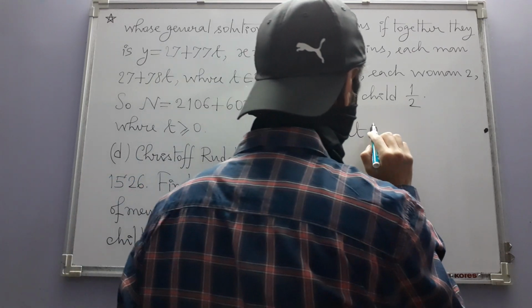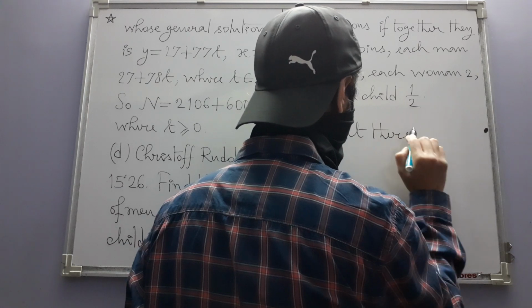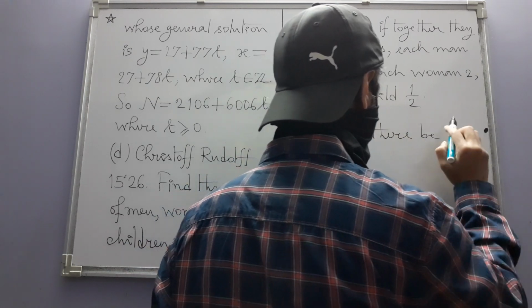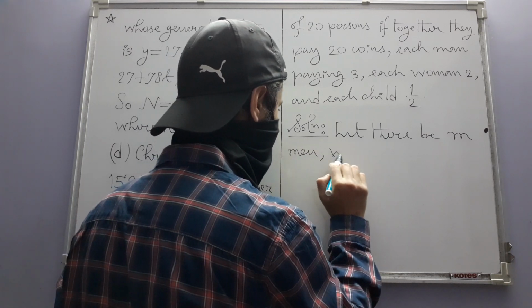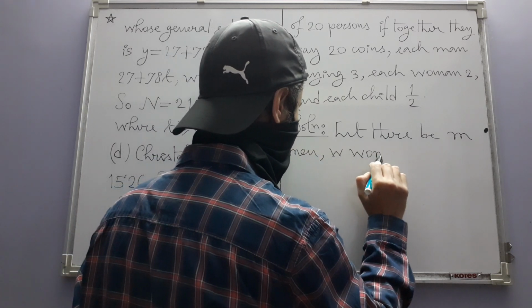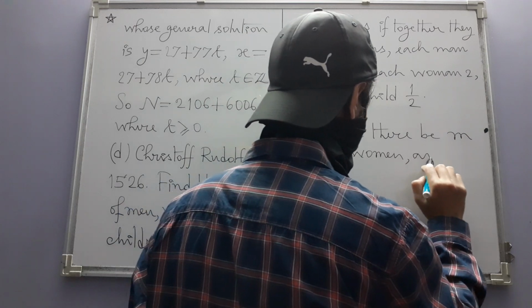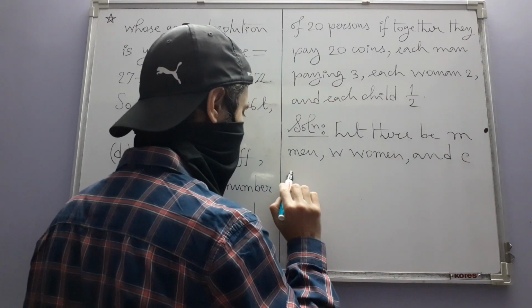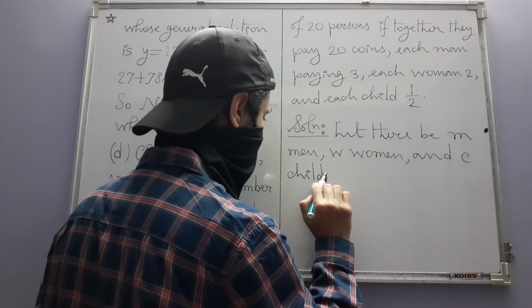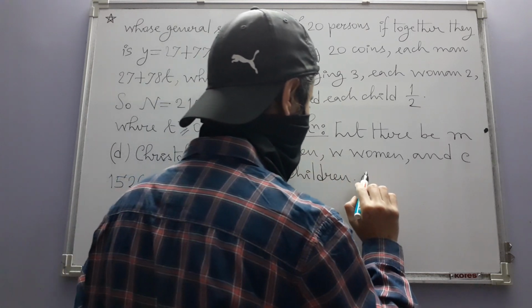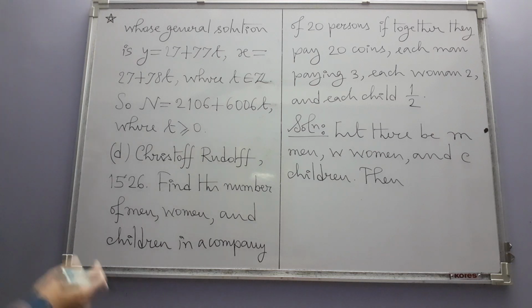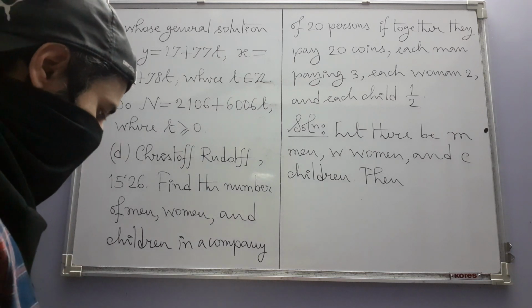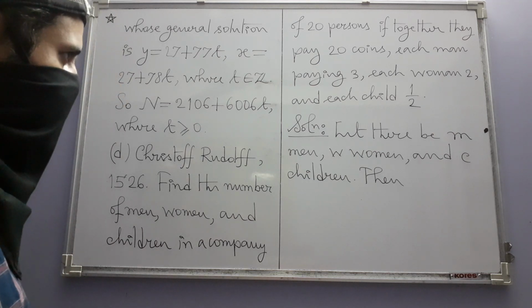Let there be, again like before, m men, w women, and c children. Then there we had 100, I think, and here we are having 20.